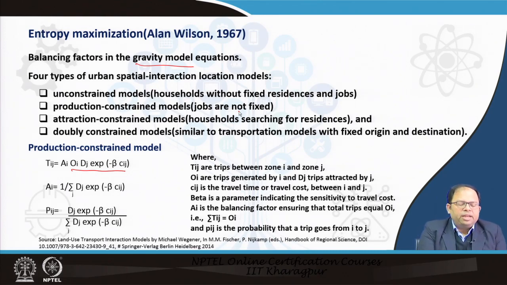In that case, we can use this production constraint model where Tij is equal to Ai into Oi into Dj divided by the exponential of the cost of travel.